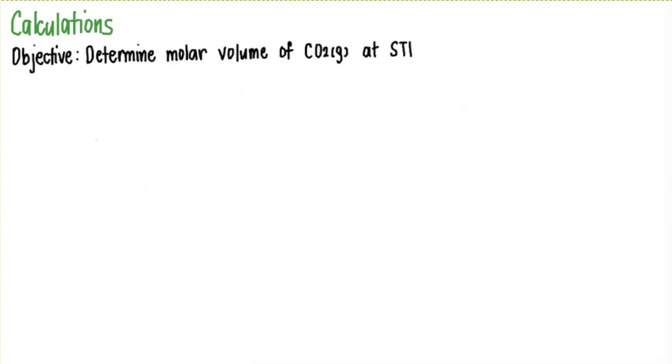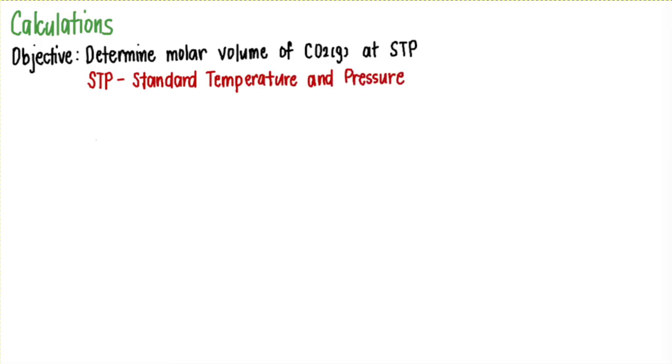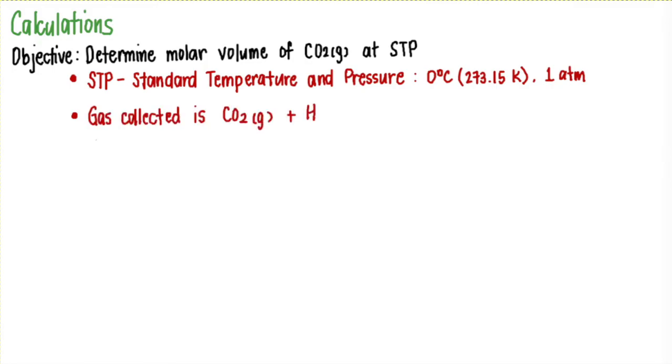The objective of the experiment is to determine the molar volume of carbon dioxide at STP or standard temperature and pressure, which are 0 degrees Celsius or 273.15 Kelvin and 1 atmospheric pressure. Also, we need to consider the fact that the gas collected inside the graduated cylinder is not pure carbon dioxide. It also contains H2O gas.